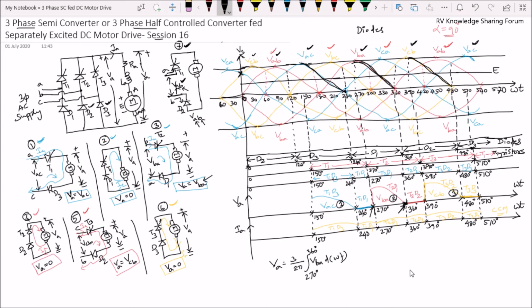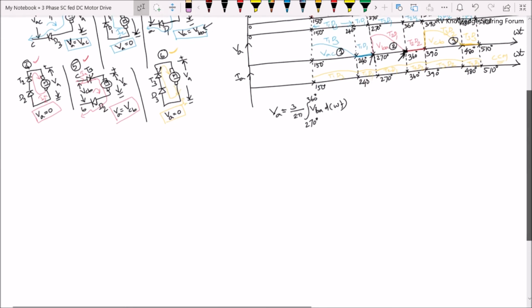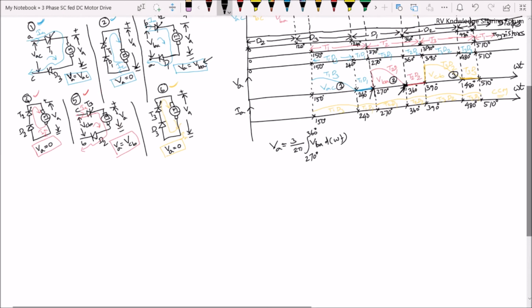So now let us calculate the value of the average output voltage of the rectifier VA based on this. Now here VBA can be written as minus VAB, which is equal to minus Vm sine omega t.